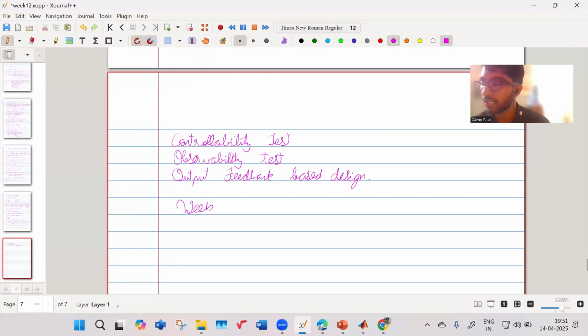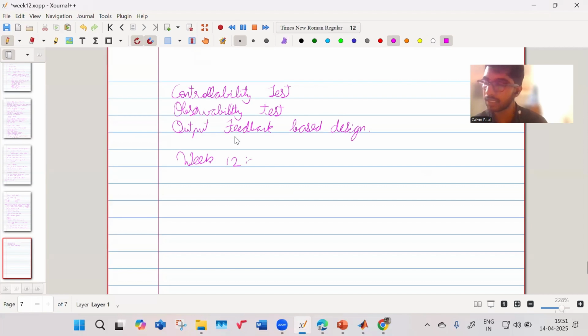Now, week 12, the final week for which the session was conducted, consists of applying POF control, periodic output feedback control, and fast output sampling control.